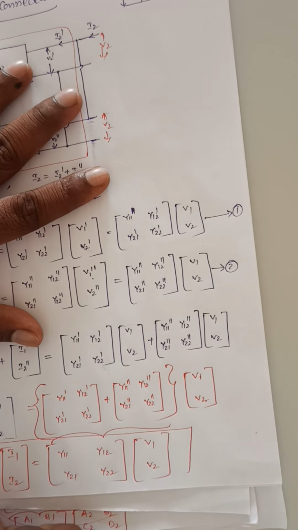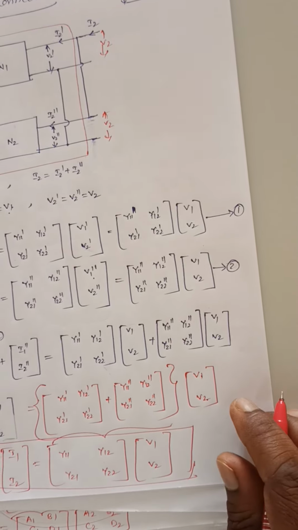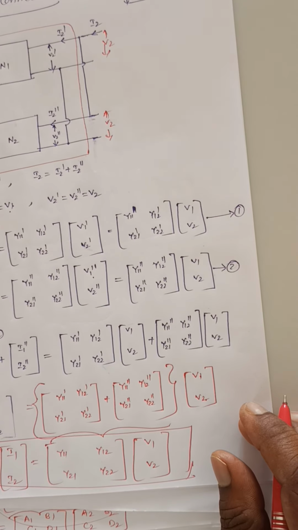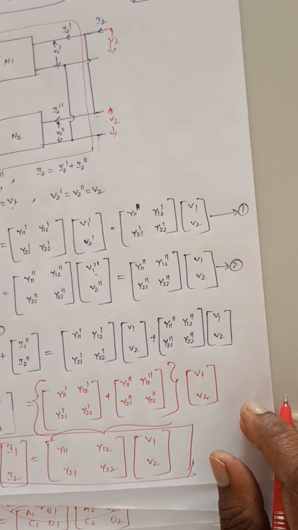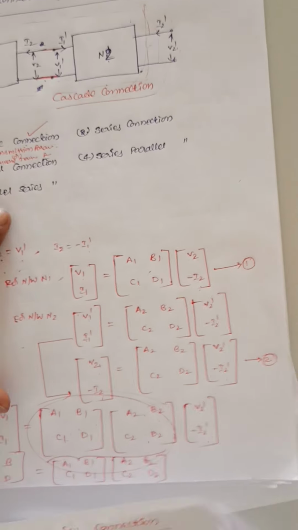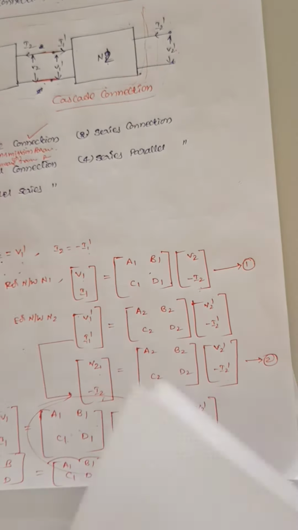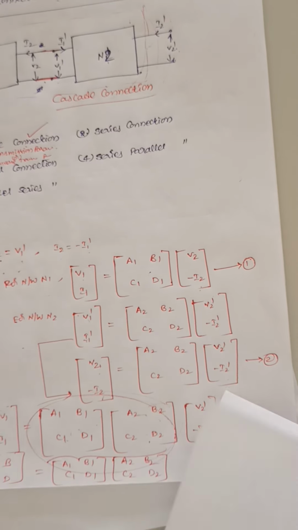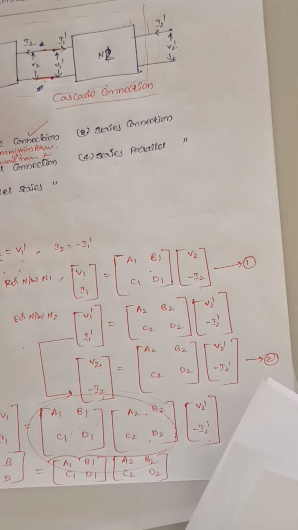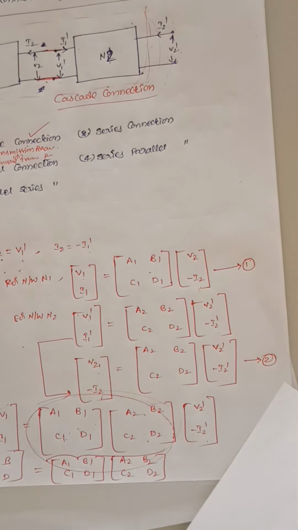Okay, so this is how we can find out the Y parameters in case of parallel connection of the networks, the Z parameters in case of series connection of the networks. For the cascade connection, we can find out the transmission parameters or inverse transmission parameters by multiplying the transmission parameters of N1 with the transmission parameters of N2.